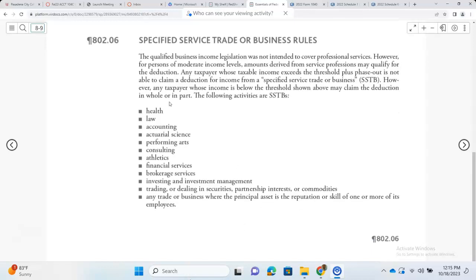So these people, they don't get any QBI deduction. Okay? I don't know why. And accountant are one of them.